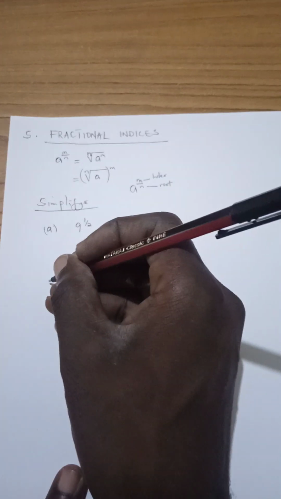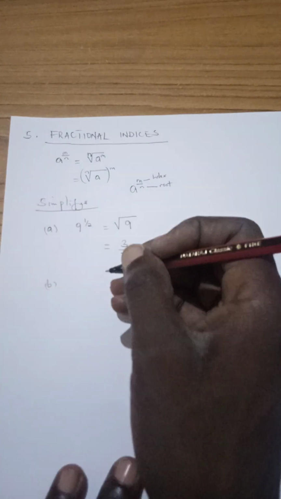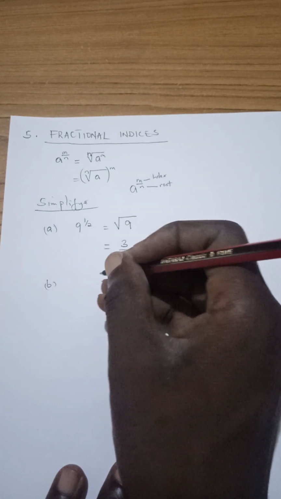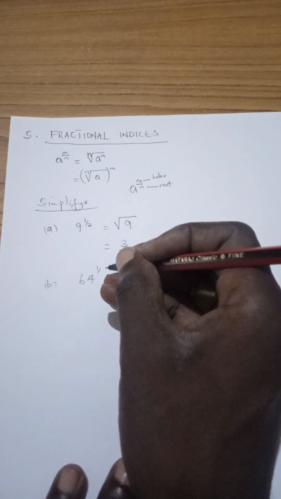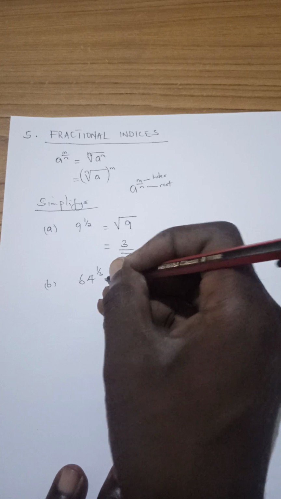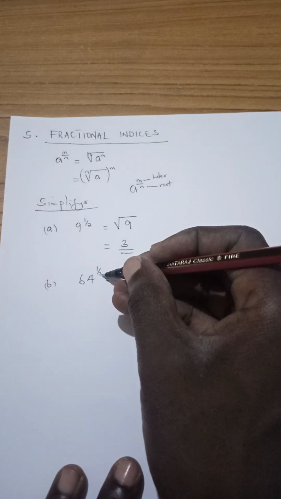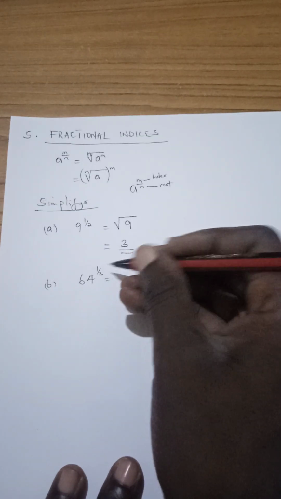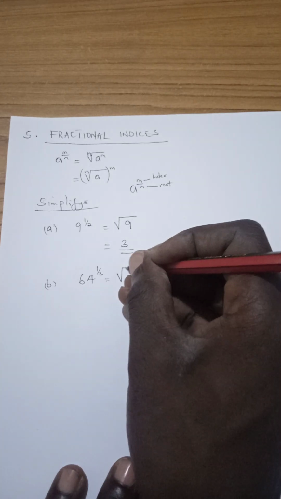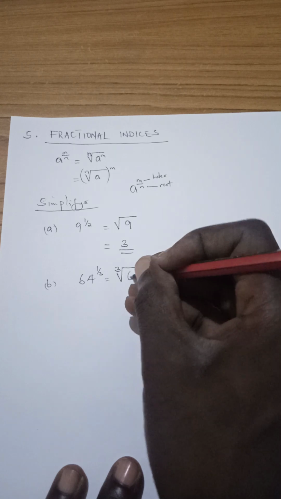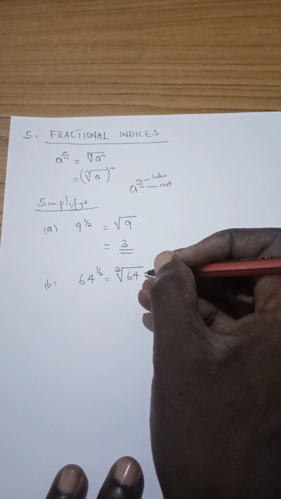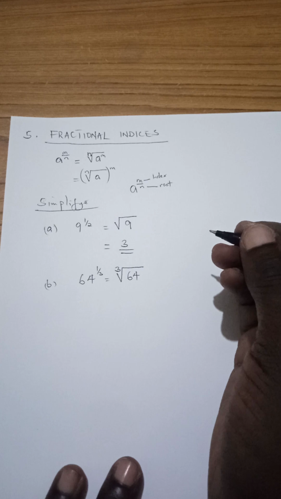Okay, the other one, let's say we evaluate 64 raised to the power 1 over 3. This one also, the root is 3, then the index is 1. So the third root is simply the cube root. You put a 3 there, then 64 power 1, which even if we don't write, it's still fine.